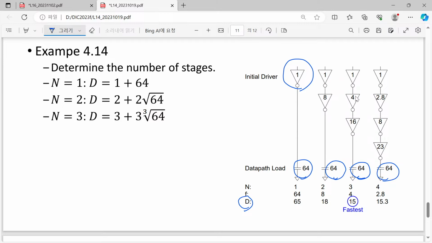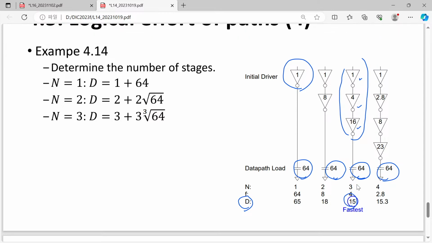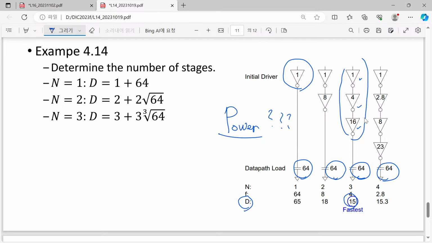So we find that if we have this kind of ratio between our inverters, then we can minimize the delay. So that was the consideration. However, now our question is, how about the power consumption? Which one will spend more power? Obviously, this one will spend more power, and this one will spend a small amount of power.